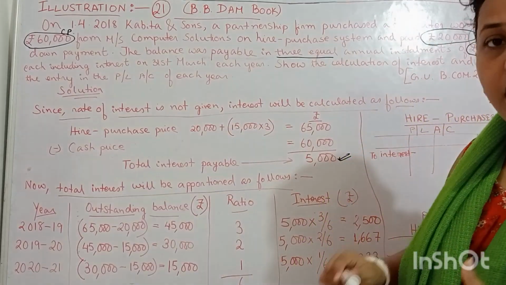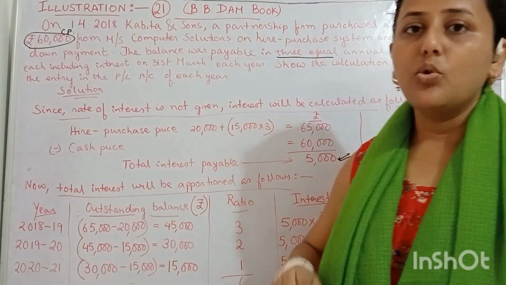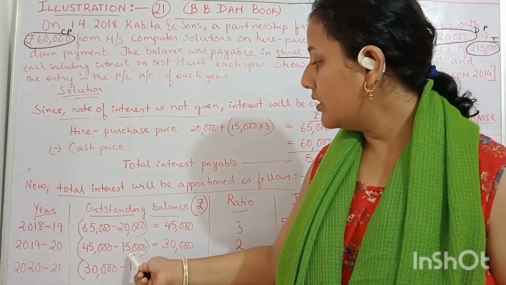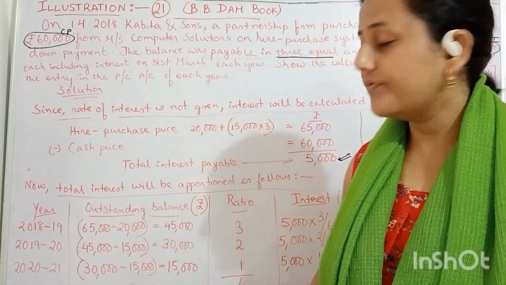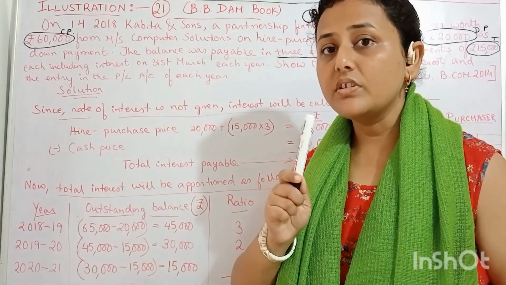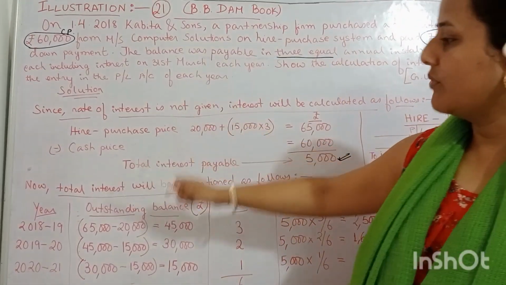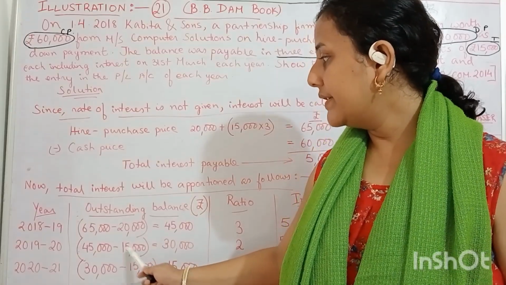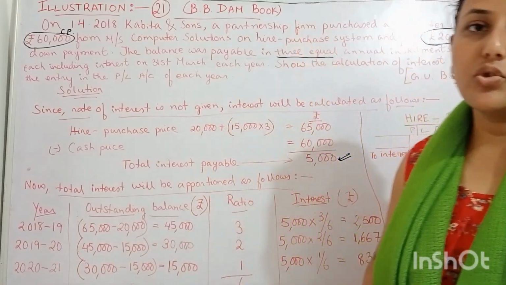The amount left over is 45,000. Now in the second year, 2019-20, at the beginning of the year, from 45,000 the first year's installment of 15,000 was paid on 31st March 2019, so that should be deducted at the beginning of the second year. So 30,000 is obtained.